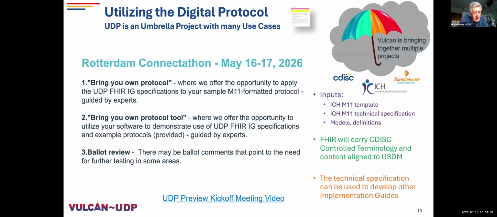We're also interested in people who've got tooling that fit around this. So if you can either find ways of getting a protocol loaded, or you can read the FHIR server and then present the protocol, those are all really good things to work at there. We've also got some other tracks there.